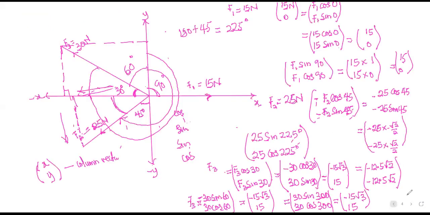The x component in 1 is 15. The x component in 2 is negative 12.5 root 2.